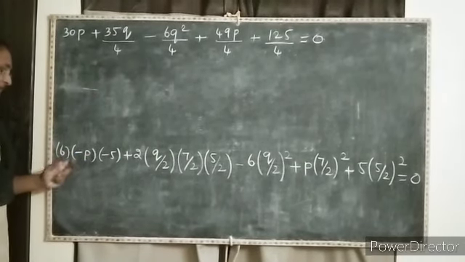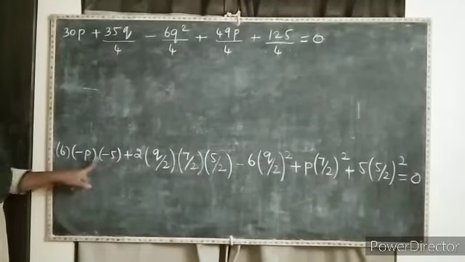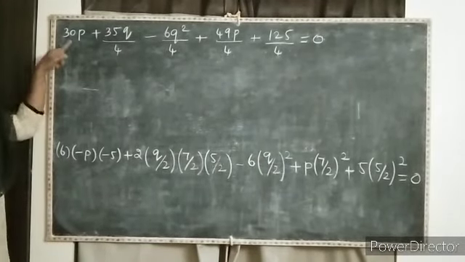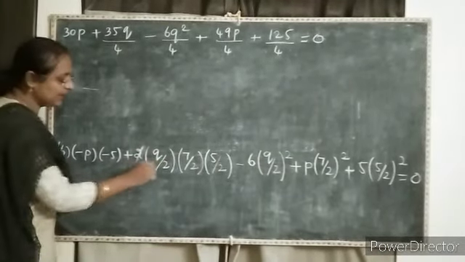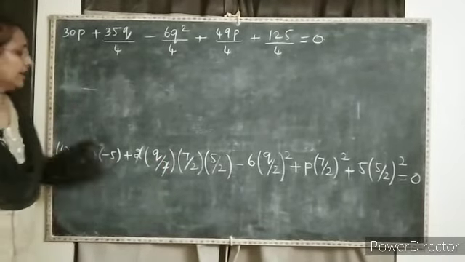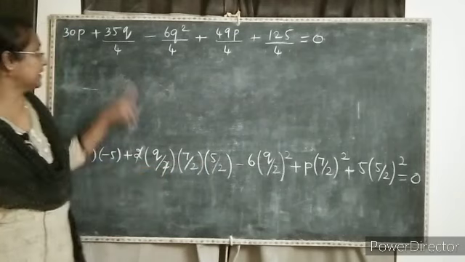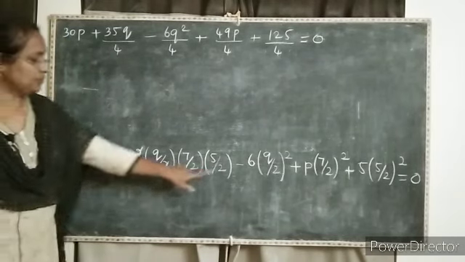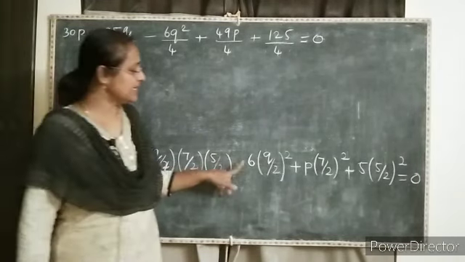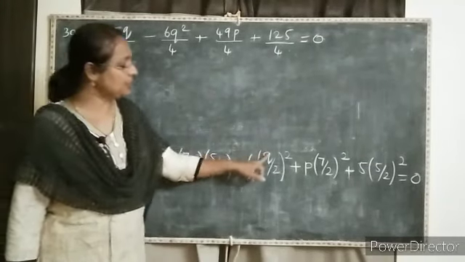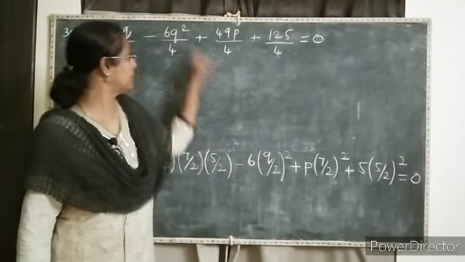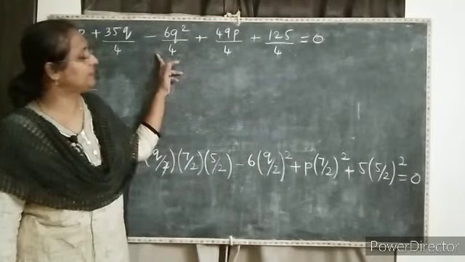Now we do the simplification. 6 into minus p into minus 5 will give you plus 30p. This 2 and this 2 get cancelled. Now q into 7 into 5: 7 5s are 35, 35 into q divided by 2, 2s are 4. Minus 6 q squared, q by 2 the whole squared, so q squared divided by 4.